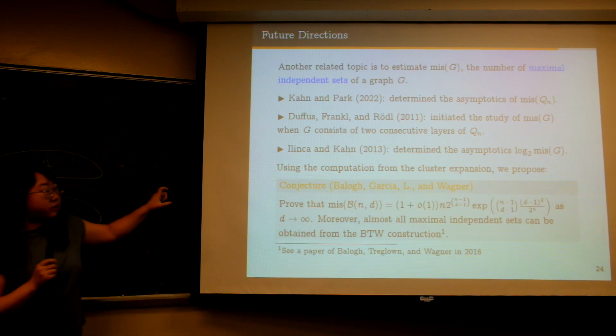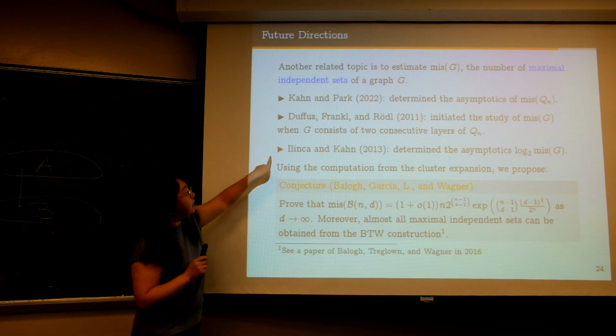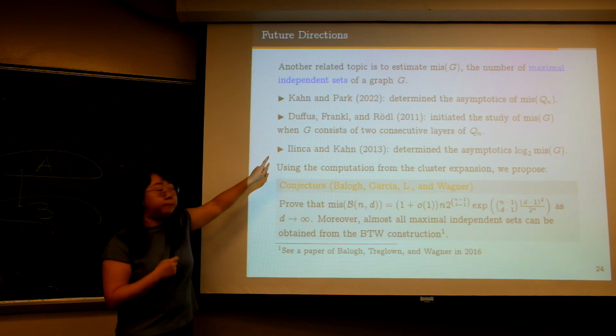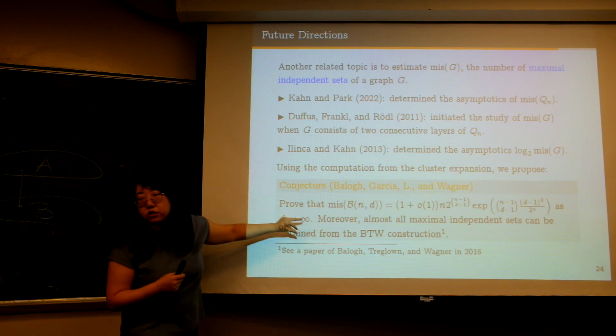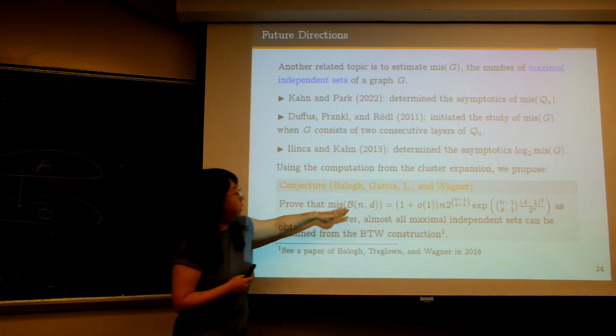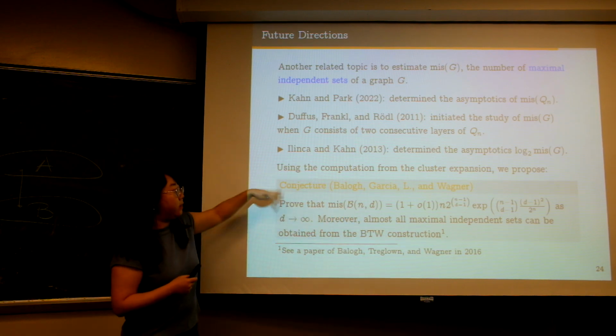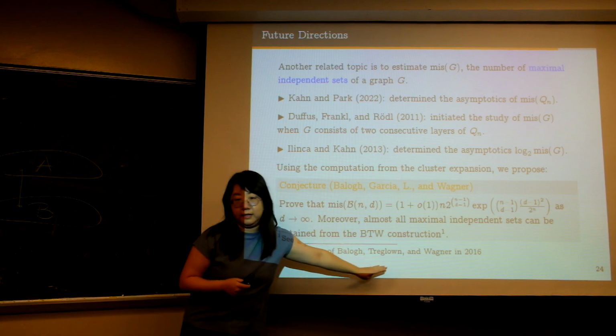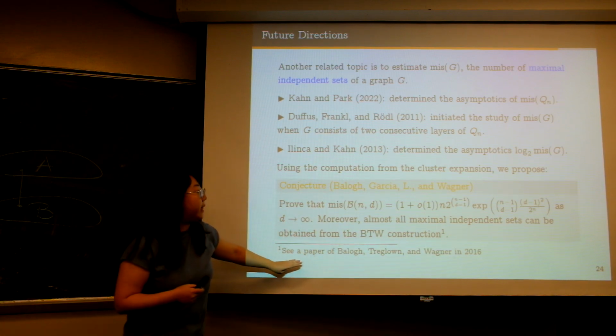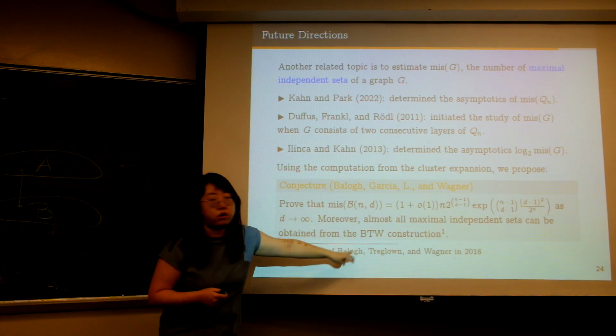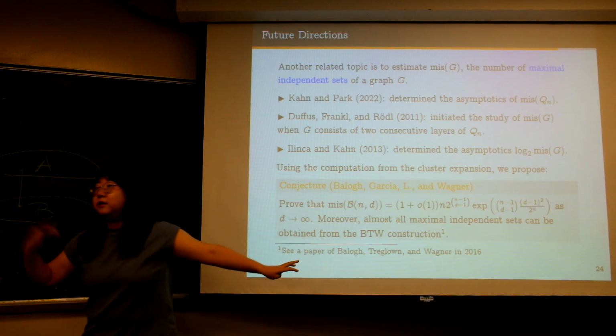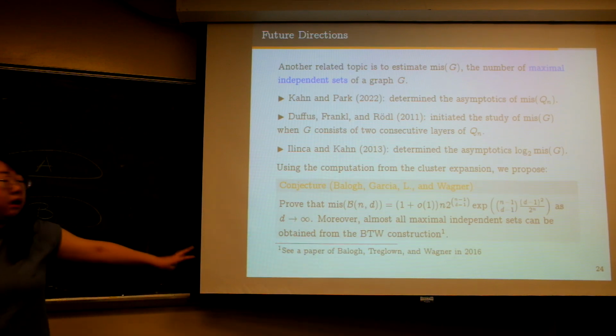So here there is actually a little bit of a story. In this paper, or maybe a follow-up paper, they posted a conjecture on the number of maximal independent sets, but then it was proven wrong by this paper. And in that paper, they gave a construction which gives more than the number they conjectured.